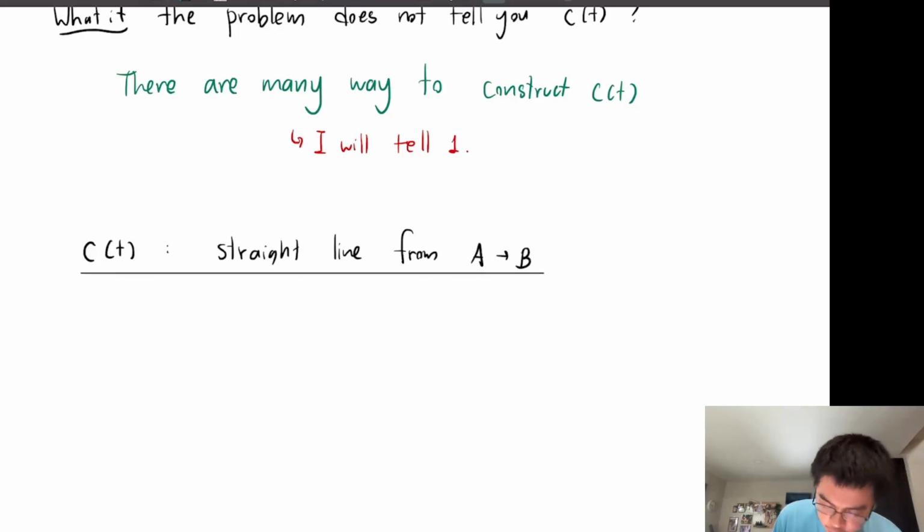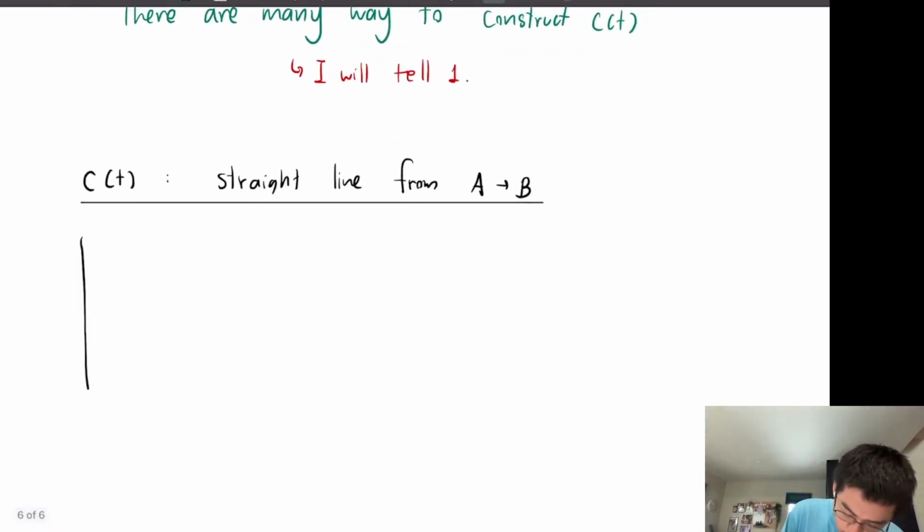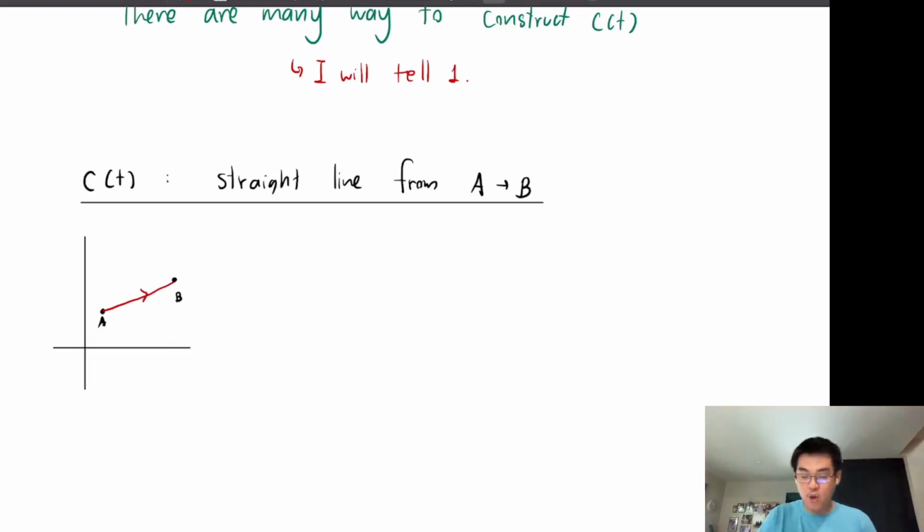All right, we're gonna construct a straight line from A to B, so kind of like this. So if you have like a point A here, a point B here, and then you ask like, what is the way to travel from here to here? Like straight line. We don't go around, we don't go past and come back.